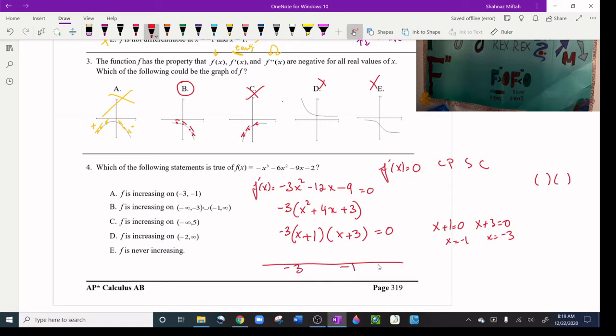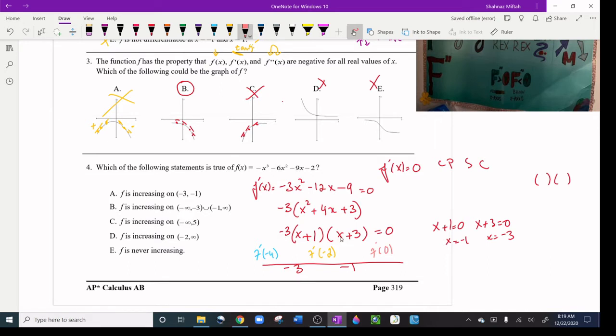Now these are my critical points, and let's find out f prime of negative 4, f prime of negative 2, and f prime of 0. Okay, let's plug this in. Plug in negative 4 here. If I pick this factor, negative 4 plus 1 is going to give me negative 3, and negative 3 times negative 3 is positive 9.